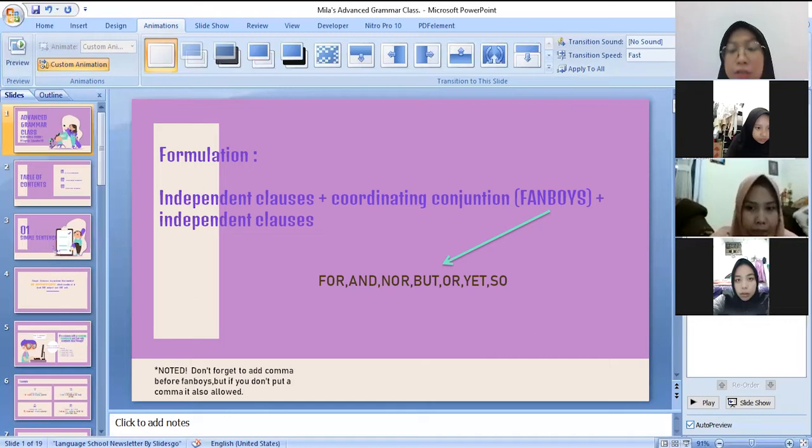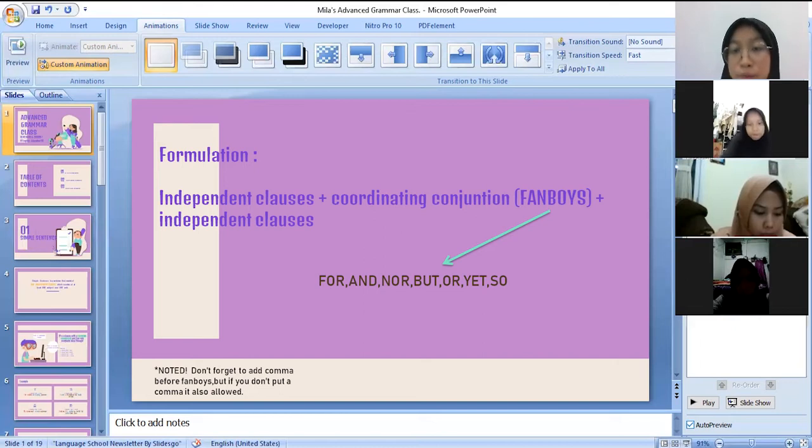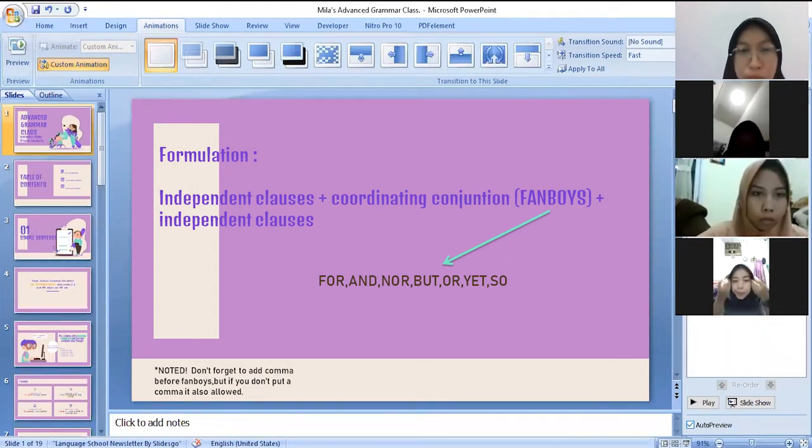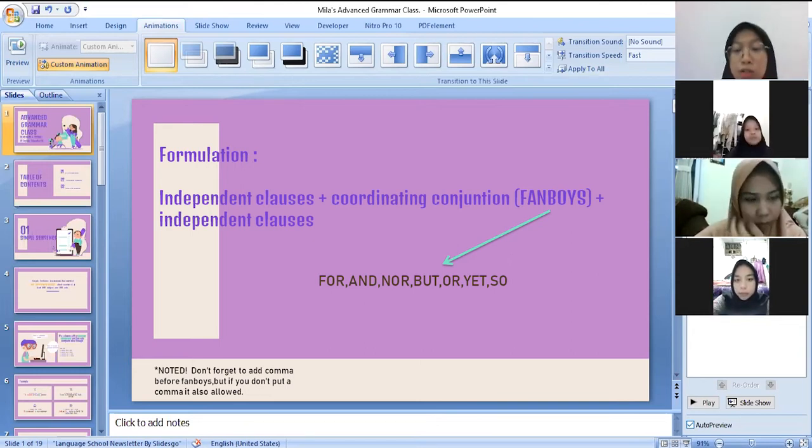This is the formulation of compound sentence by using coordinating conjunction. Independent clause plus coordinating conjunction or fanboys. What are fanboys? Fanboys are for, and, nor, but, or, yet, and so, plus an independent clause. Don't forget to add a comma before fanboys, but if you don't put a comma, it is also allowed.